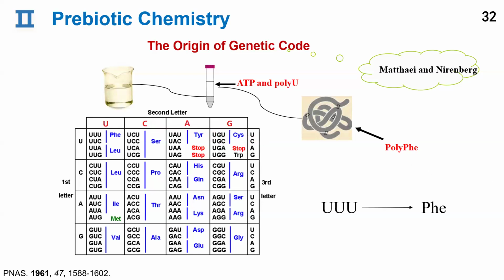This demonstrated that the RNA triplet UUU codes for Phe, marking the first deciphered codon in the genetic code. This discovery opened the door to understanding how specific nucleotides in RNA correspond to specific amino acids, the foundation of the universal genetic code we use today.